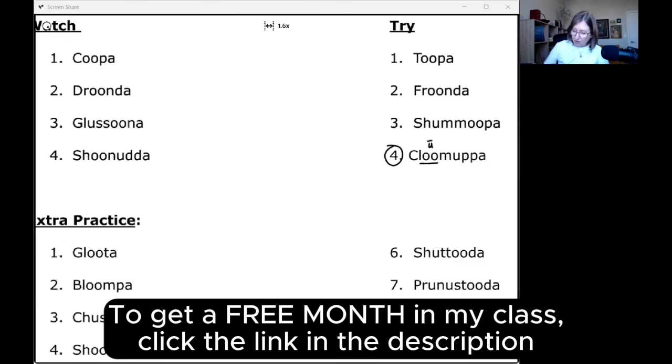And then that U in the middle right here will make its short sound because of those two consonants after it. A at the end always says the schwa, one of those rare always treats for the English language. So here we have k, l, oo, m, p, klumapa. Klumapa.